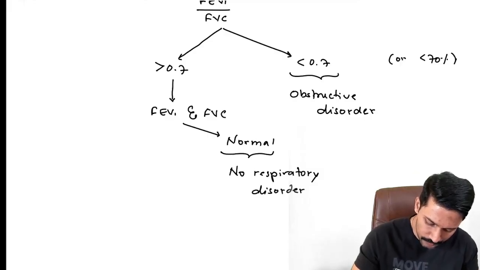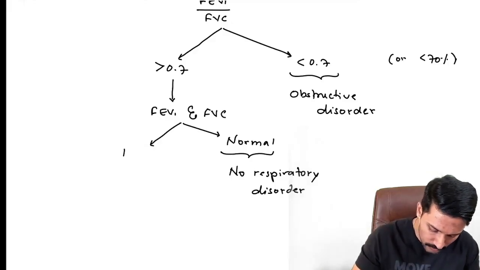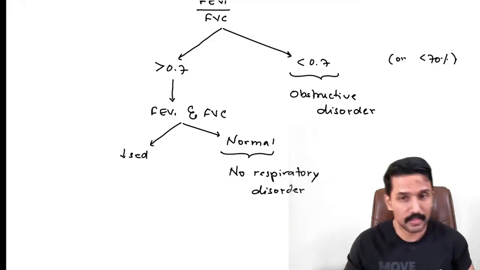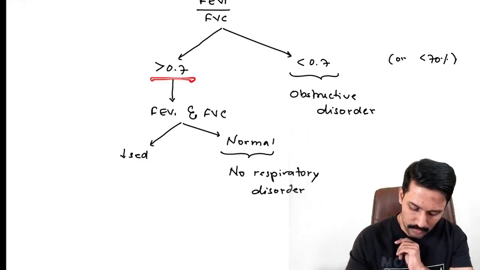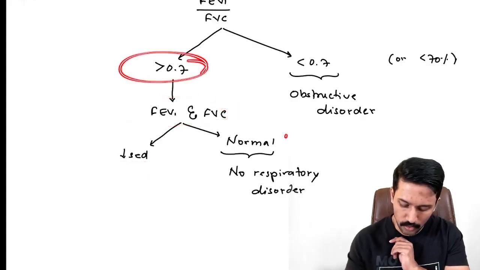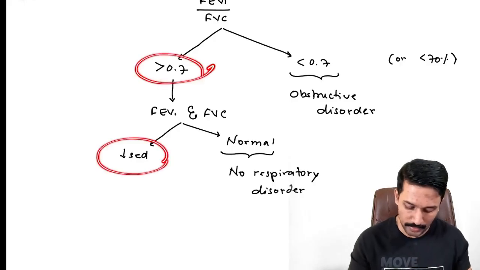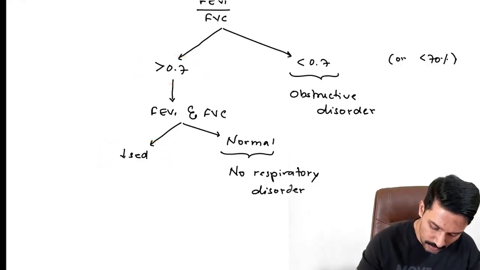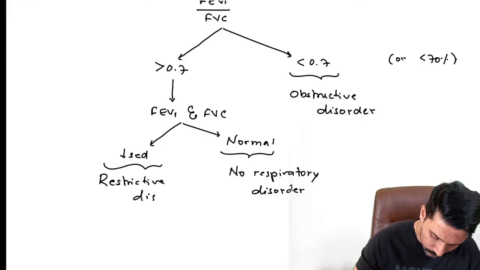But if the ratio is normal but the values of FEV1 and FVC are decreased, it is suggestive of restrictive disorder.